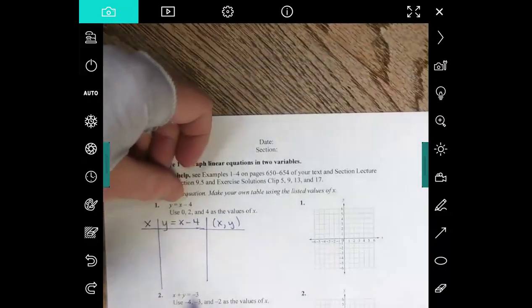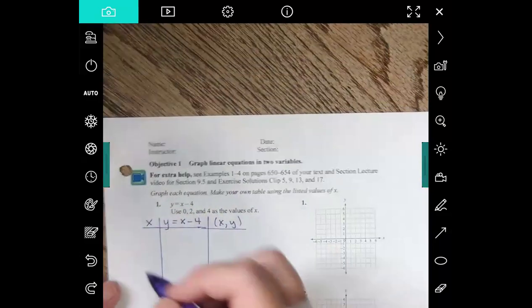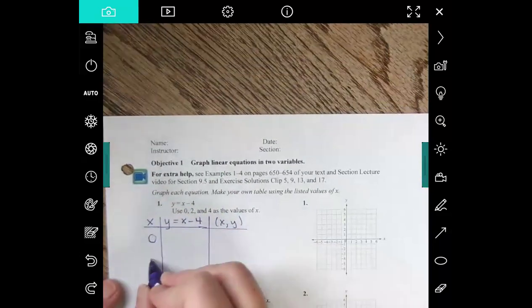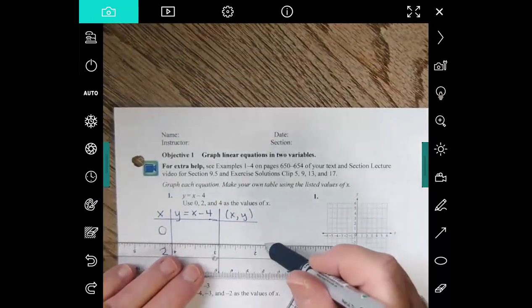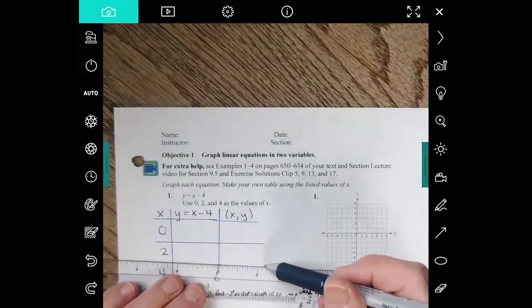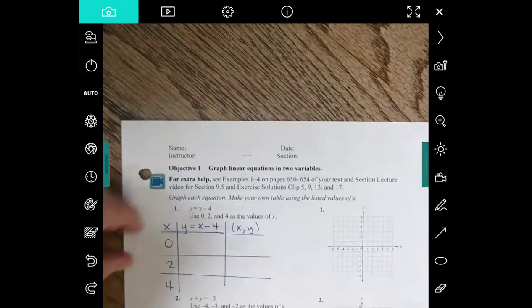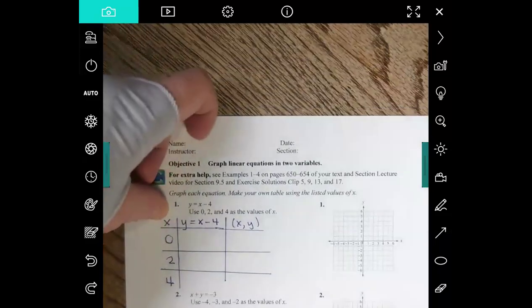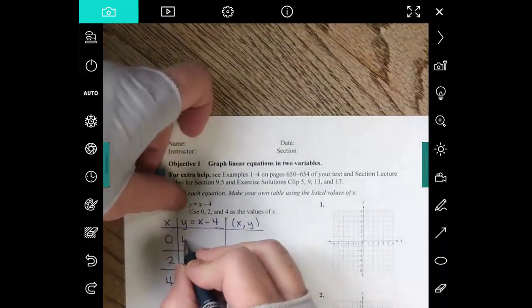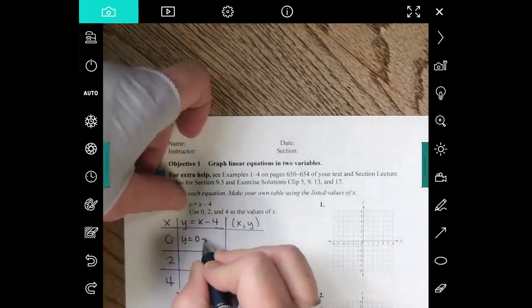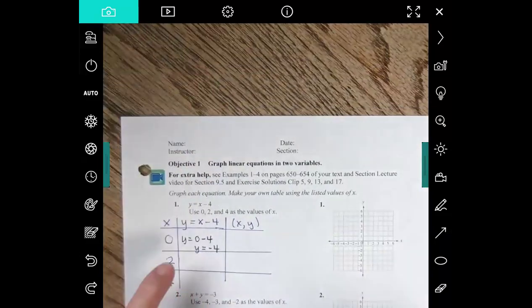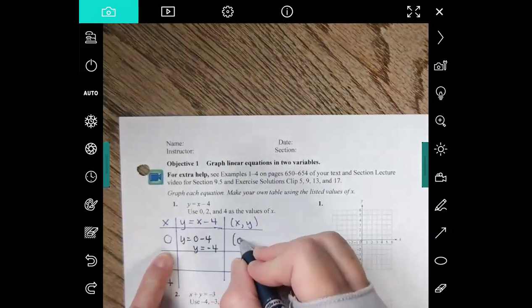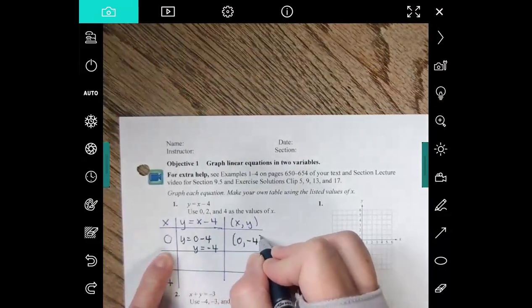Now, they want us to use 0, 2, and 4 as your x's. So we're going to put a 0 in here, then a 2, then a 4. They want us to calculate all of those. So I'm going to put my lines on my graph because that's good for me. When I put a 0 for the x, then y will be 0 minus 4. Y is negative 4. So I get the point 0, negative 4.